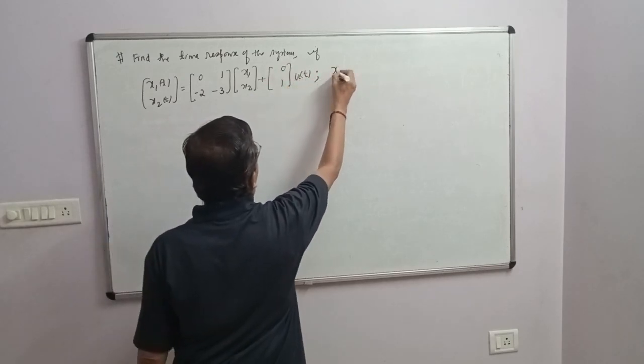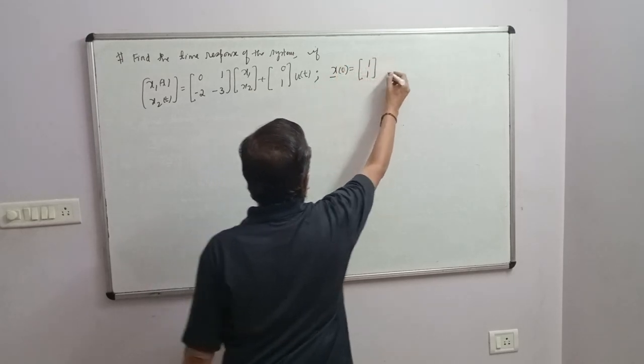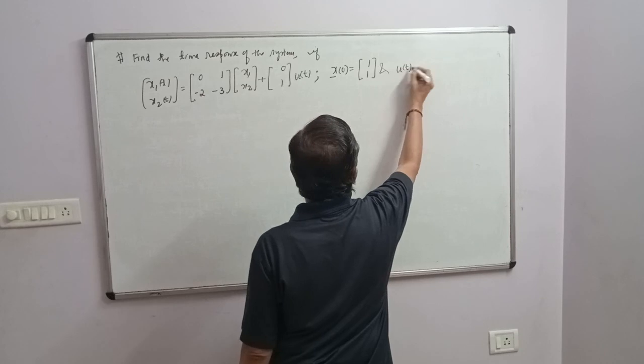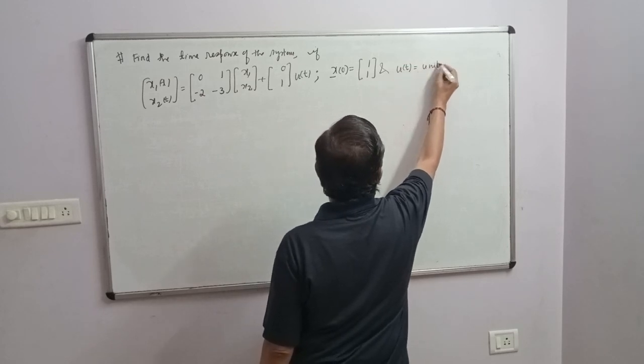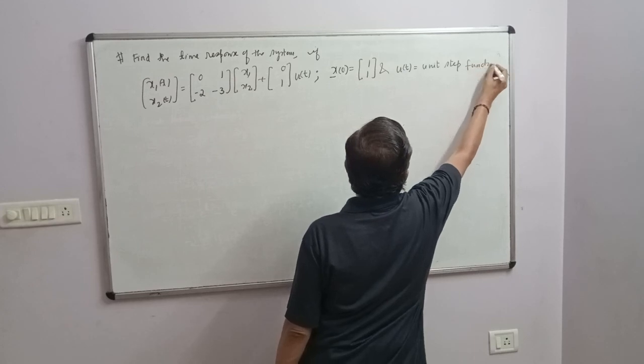Initial state vector x bar of 0 is equal to 1, 1 and u of t is equal to unit step function.